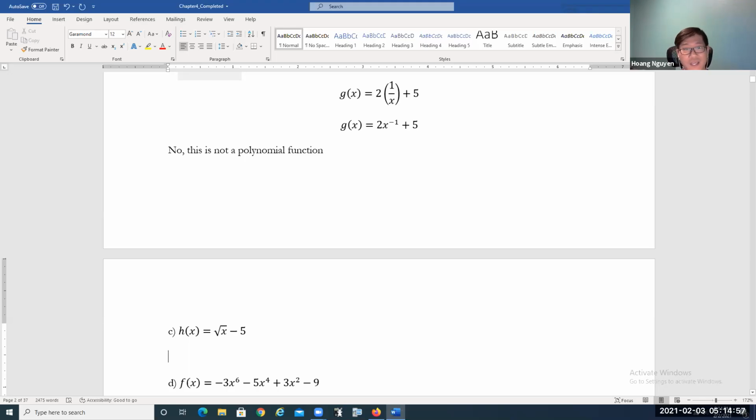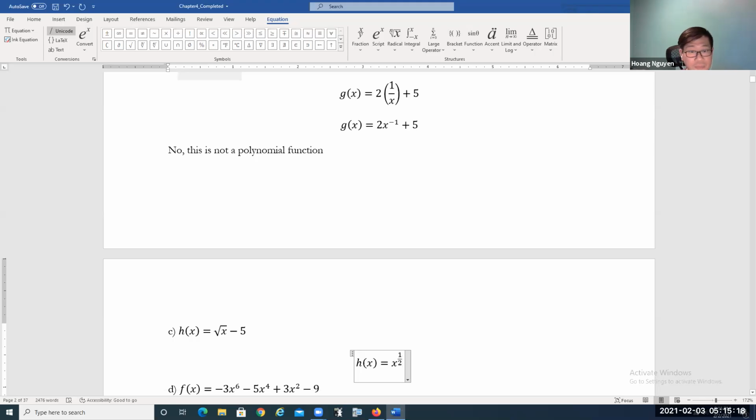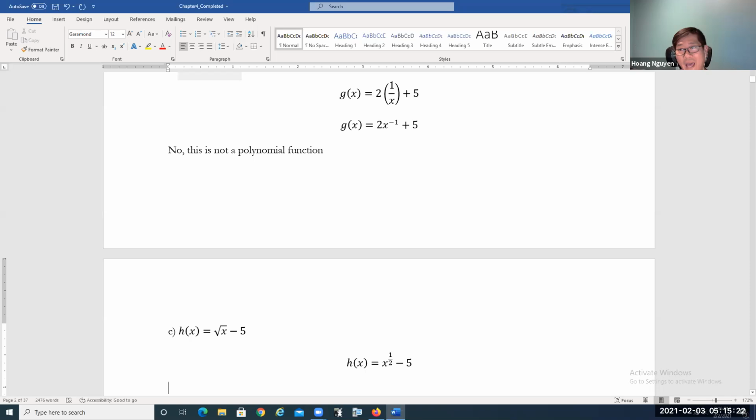For part C, we have h of x equals the square root of x minus 5. This is not a polynomial function. Why is it not a polynomial function? Let me help you with this. h of x equals the square root of x, which we can rewrite as x to the power 1/2, and then minus 5. 1/2 is not a whole number.